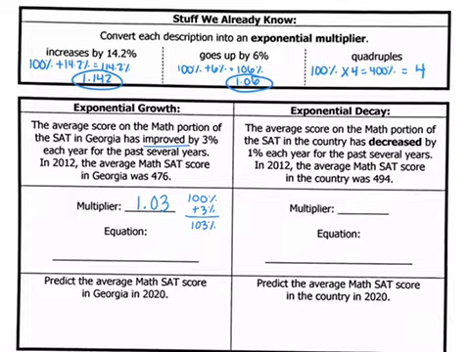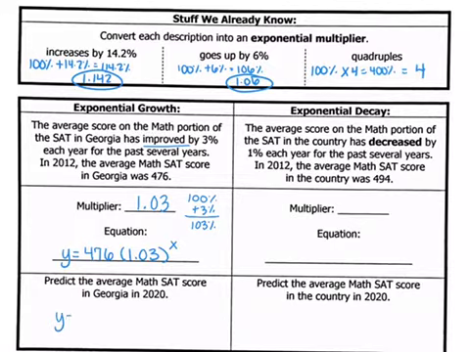If we were writing an equation for this, it would be y equals. The A in this case would be the 476. The B multiplier is 1.03, and we're going to put an x for our exponent. Predict the average math SAT score in Georgia in 2020.